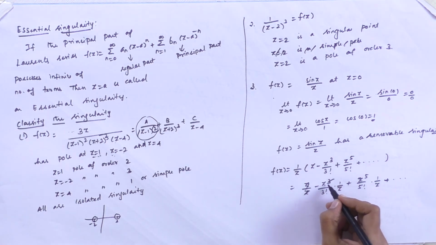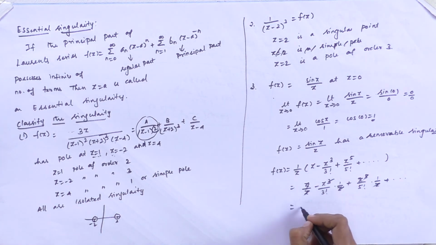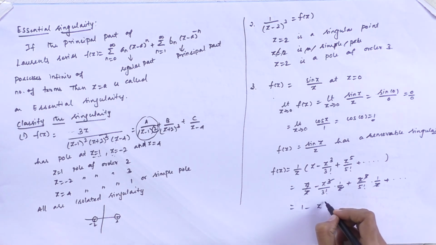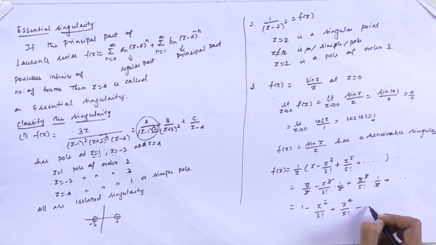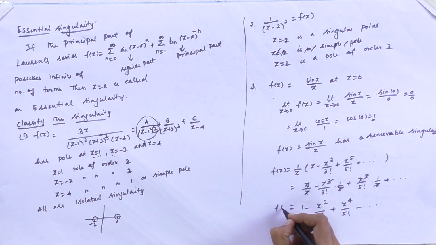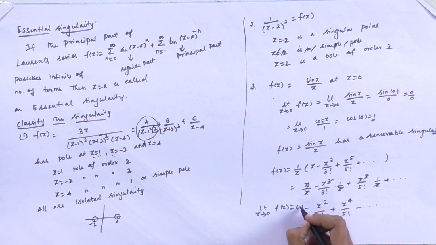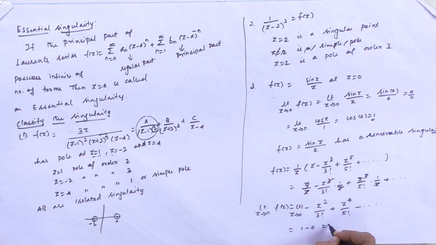So this and this get cancelled. The remaining one will be 1 minus z power 2 divided by 3 factorial plus z power 4 by 5 factorial minus etcetera. Now taking the limit where z tends to 0 on both sides, 1 minus 0 is equal to 1. This is the limiting value.